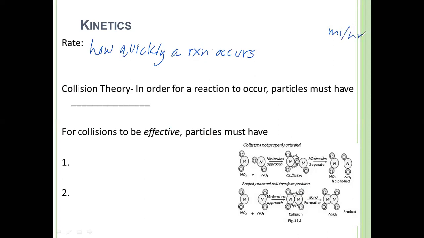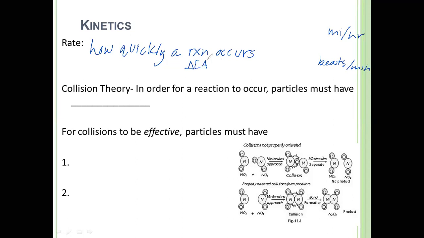Or if you're at the doctor's office and you're talking about your heart rate, beats per minute, it's always like a change in value over time. So the one that we talk about mostly is a change in concentration. I'll just put A, like of reactant A, over time. So you're just looking at how are your reactants changing over time, or how are your products changing over time?